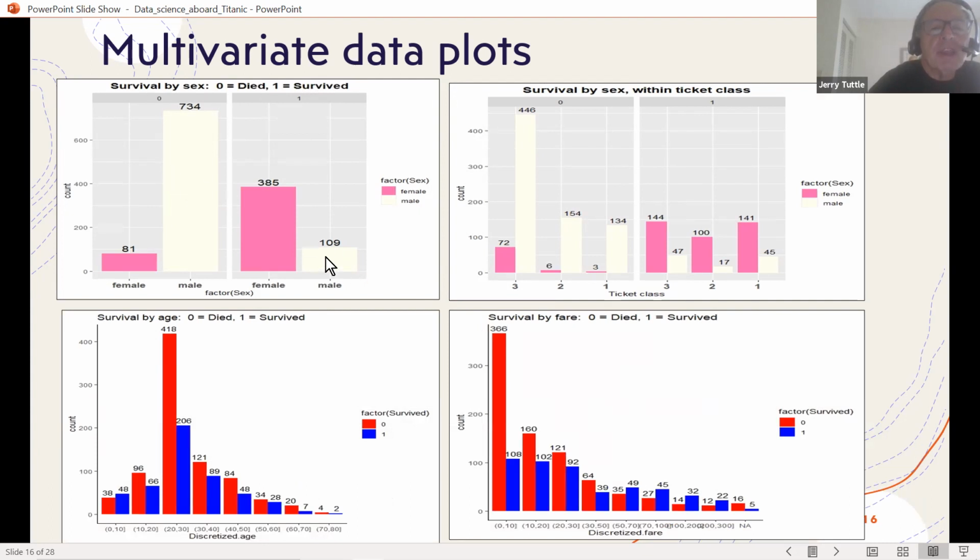A lot more of the percentage of males died, and a lot more of the percentage of females survived. Then by gender within ticket class, by age, although again I've got that distortion of the mean, and by fare.